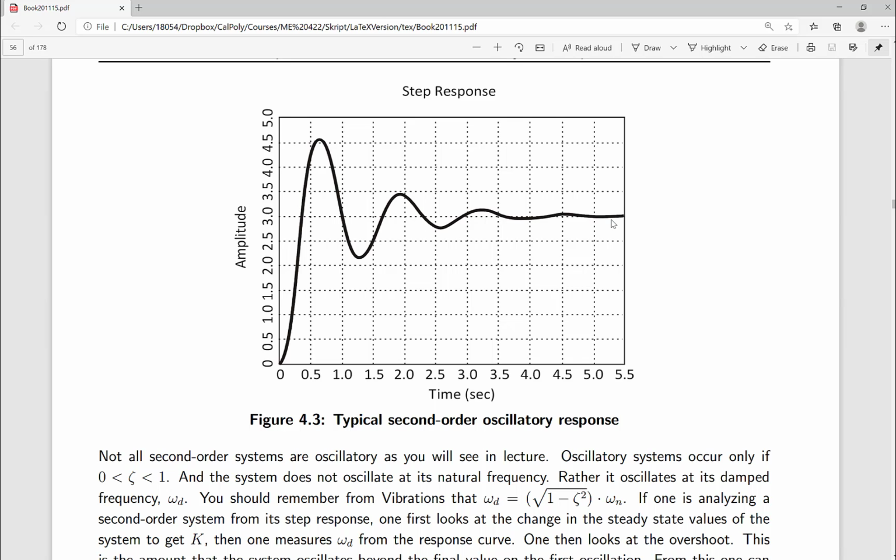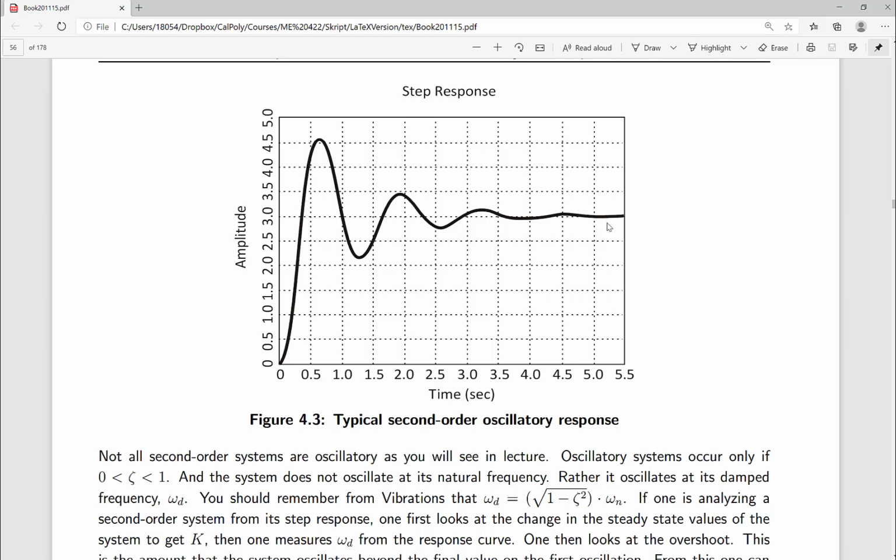If we put in a unit step input, which goes from 0 to 1, and our system jumps from 0 to 3, that means that the K for this system is 3. But that is only if you have a unit step input. For instance, if I had a step input that was 3 and the system went up by 3, then that means that the gain of the system is 1.